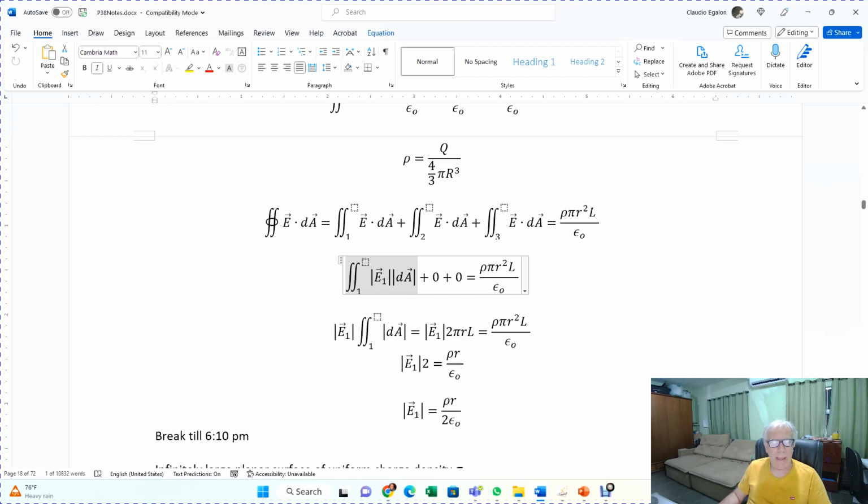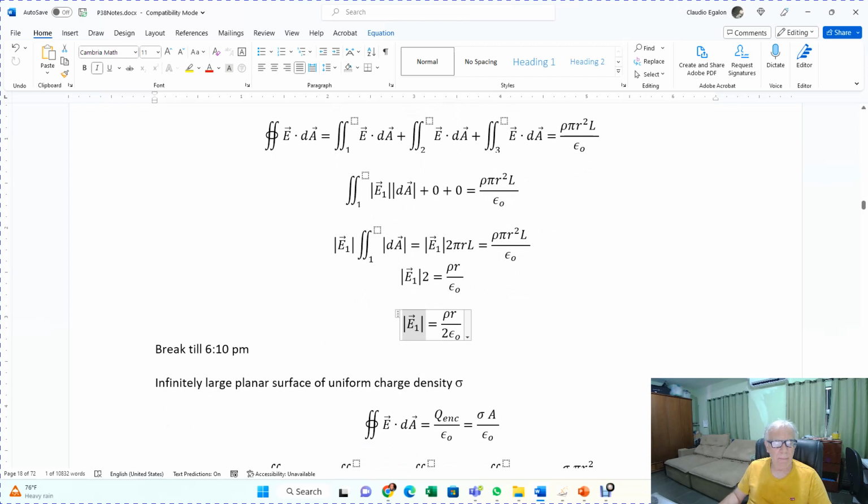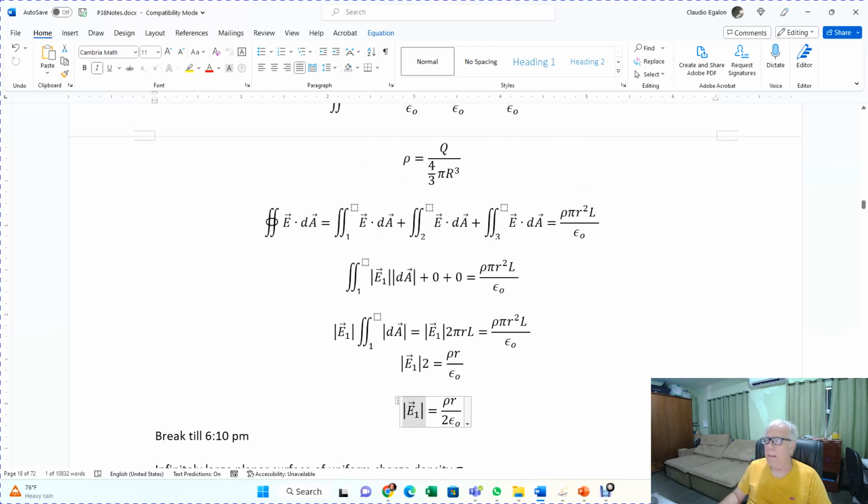The area of the cylindrical surface is going to be 2 pi r times L. L cancels out, pi cancels out, and r cancels out. Note that we end up having a linear relation for the electric field of a solid cylinder. So that's what we have.